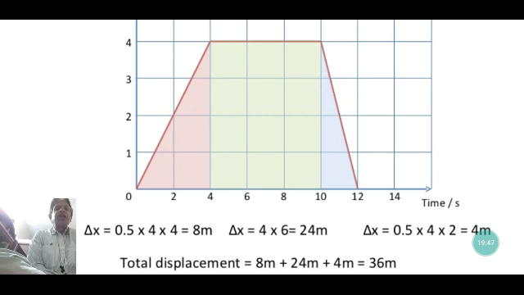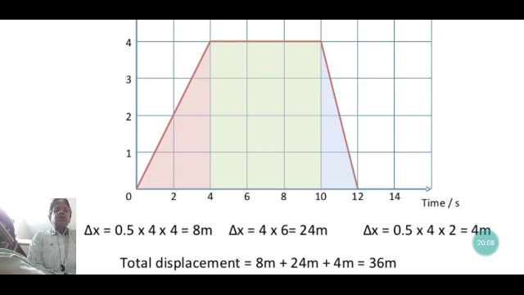Now this area is calculated as 24 meter, representing 24 meter of displacement. And this other triangle has area 1/2 into 4 into 2, that is 4 meter.